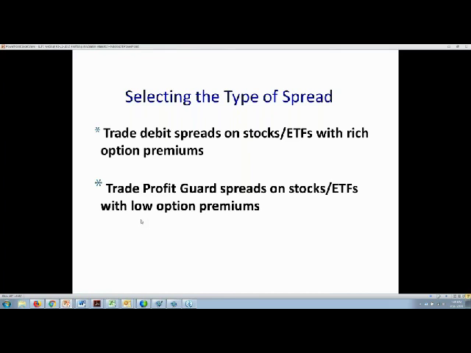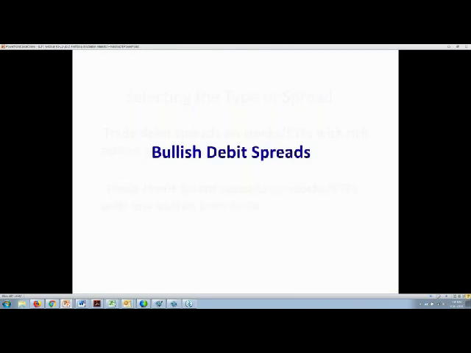So we trade both in our portfolios, and we like to use the debit spreads on stocks with the richer option premiums, because it makes more sense: you're short a call option, and if that call option has a lot of premium in it, you're going to profit. With the profit guard spreads, we're buying a put option to protect our call option purchase. So we usually will trade the profit guard spreads on stocks with low option premiums.